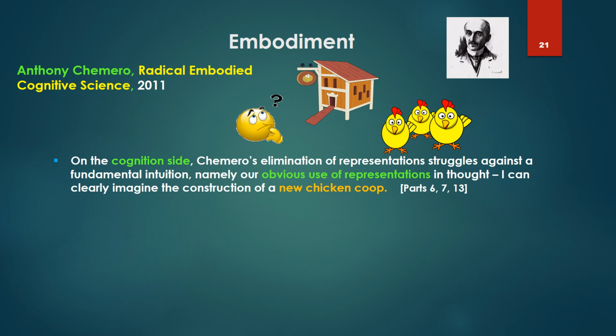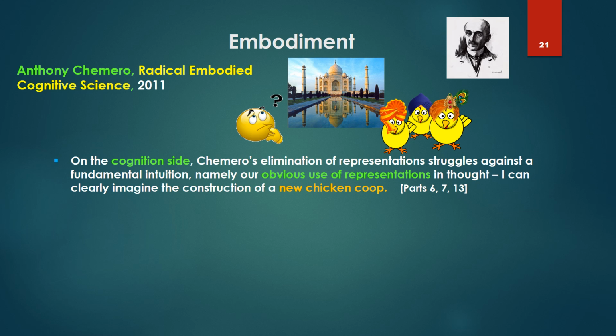On the cognition side, Chemero's elimination of representations struggles again against the fundamental intuition, namely our obvious use of representations in thought. I can clearly imagine the construction of a new chicken coop, a nice Taj Mahal there for my chickens.